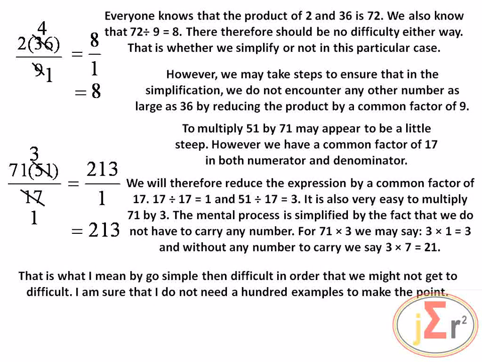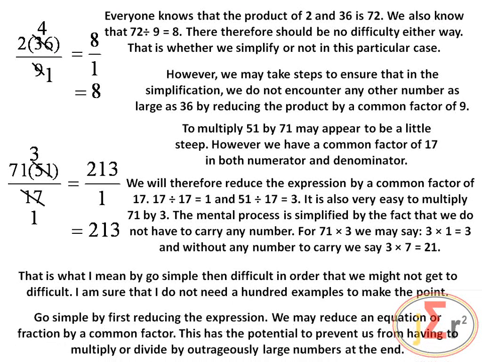I am sure that I do not need 100 examples to make the point. Go simple by first reducing the expression. We may reduce an equation or fraction by a common factor. This has the potential to prevent us from having to multiply or divide by outrageously large numbers at the end.